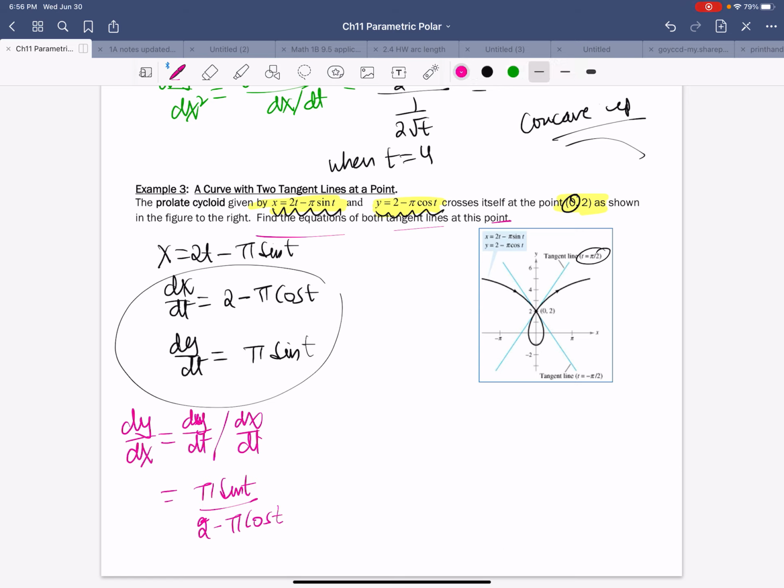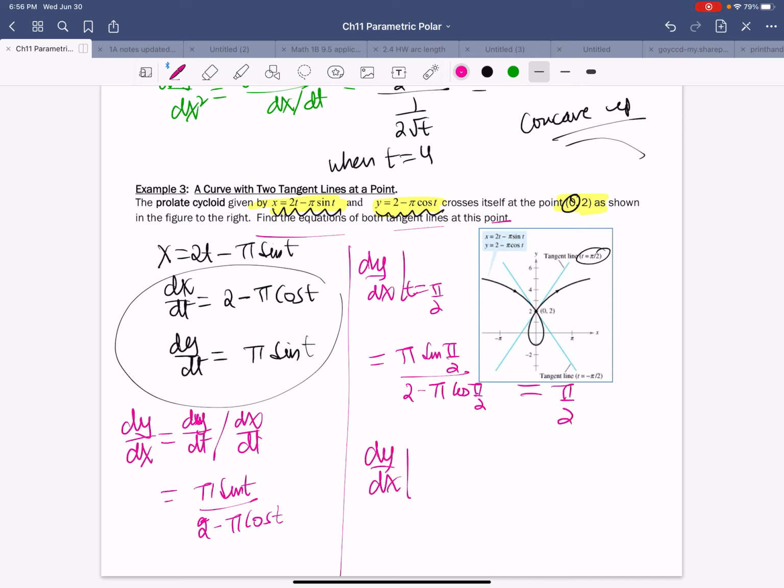Let's find dy/dx when t is equal to positive pi over 2. That's pi sine pi over 2 over 2 minus pi cosine pi over 2. Using a calculator, that turns out to be pi over 2.